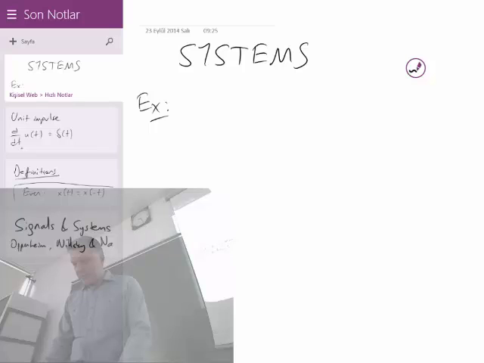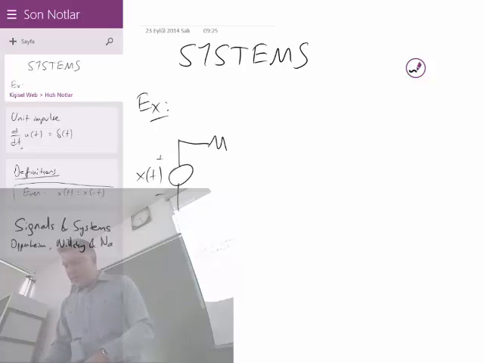The first example will be a circuit example, the RLC circuit. We have a function generator, x of t, which produces a varying voltage of x of t. It's a function of time. We don't know what it is. We don't need to know what it is in order to explain the system, because it's not part of the system. It's an input to the system. The real system starts afterwards.